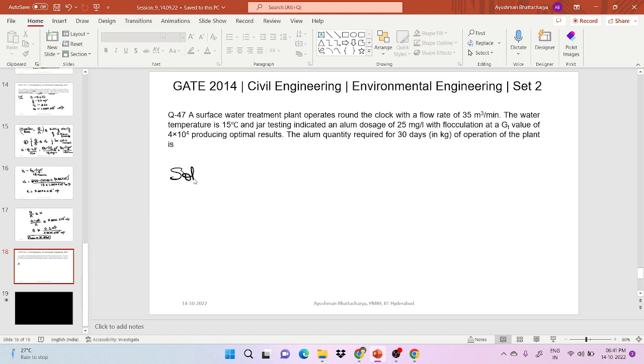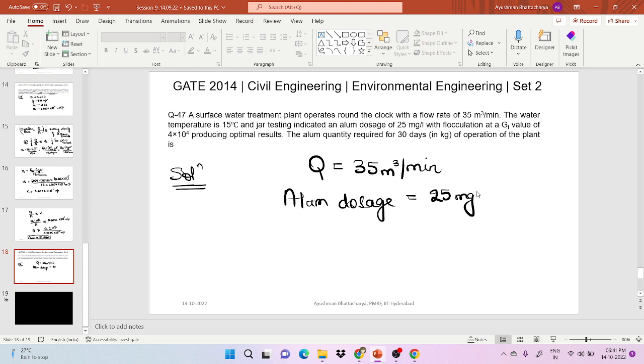So in this question, the flow rate is 35 meter cube per minute, the water temperature is 15 degrees Celsius, and the alum dosage is 25 milligram per liter with flocculation at a GT value of 4 into 10 to the power 4 producing optimum result.